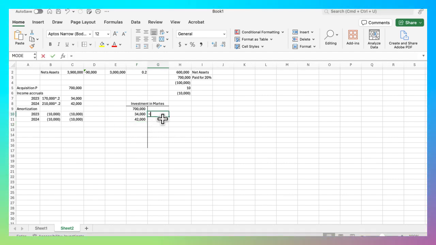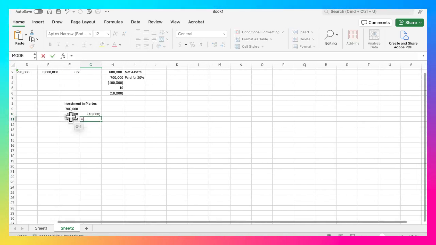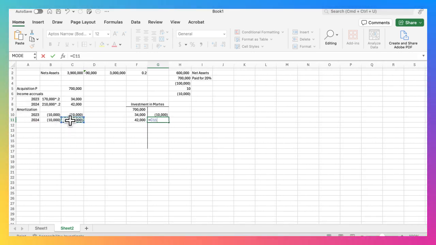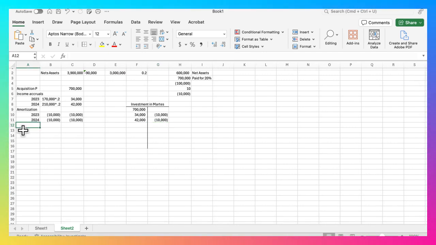That amortization, because of the goodwill, because we overpaid, right? That is going to be not allocated. That amortization is actually going to decrease our balance in the investment in Mart's company, okay? And then finally, they tell us, hey, they pay a dividend, right?